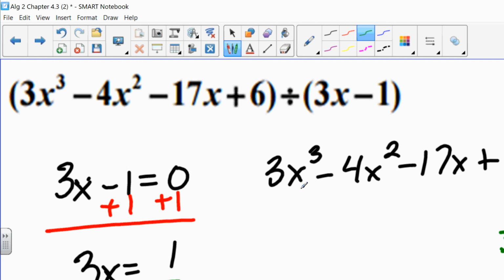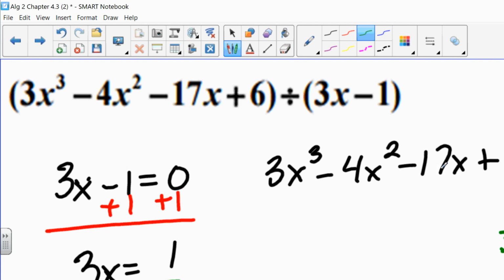What do we know the first term is when we did the synthetic or long division for the first step? It was 1x squared, yes? Because if we solved it this way, 1/3 times 3 is 1. This would give us -3. 1/3 times -3 is -1. -18, which would give us -6 and 0.